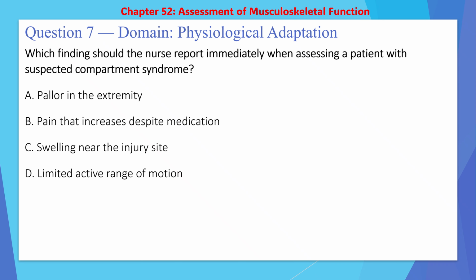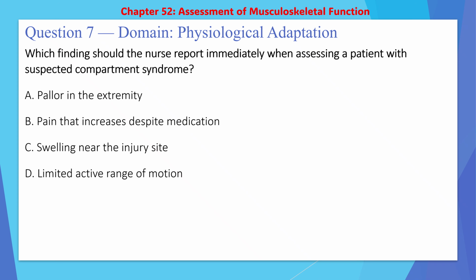Question 7, NCLEX domain, psychosocial adaptation. Which finding should the nurse report immediately after assessing a patient with suspected compartment syndrome? Okay, so which findings? You have to say that you suspect this to the doctor.